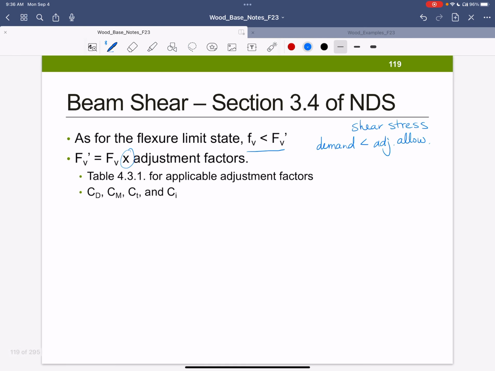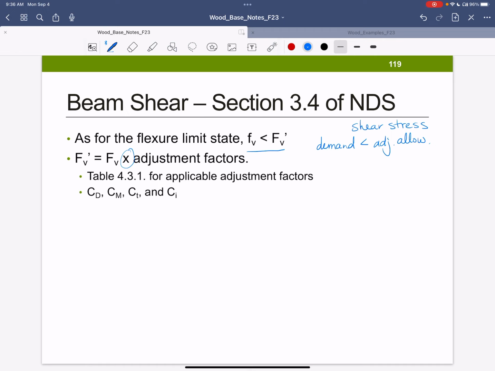Excuse me. Okay, so we go back to table 4.3.1 to get our factors. So go into your specification in chapter 4, or your code in chapter 4, and on page 29 is 4.3.1, and it's the same idea as before, except with shear, we actually only have to do 4.